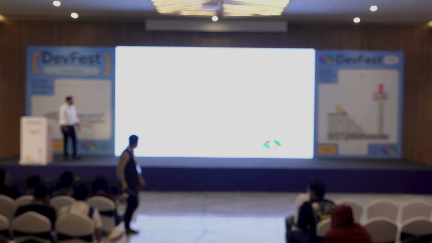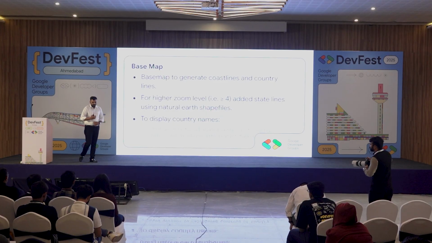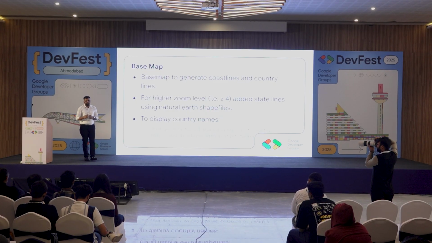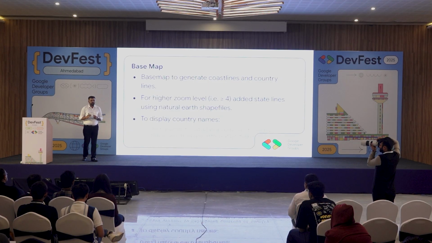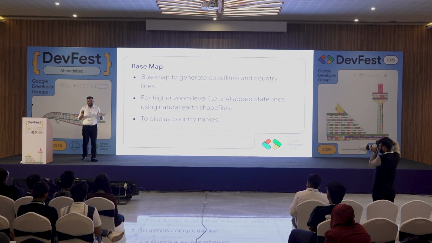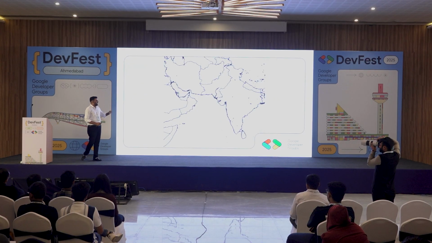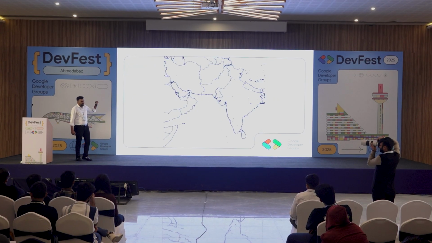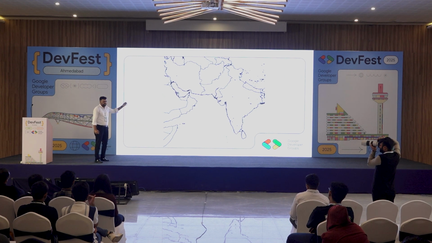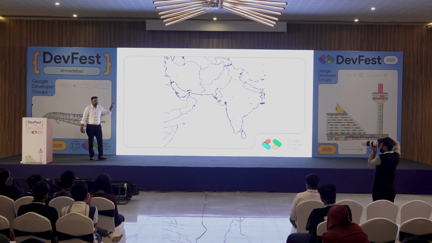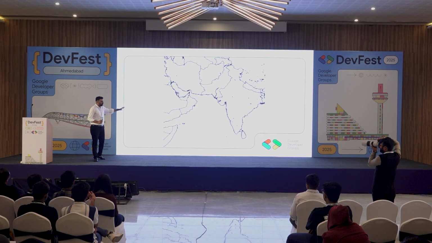So how can we process those images? For creating them, we first need to create a base map, which is a static image that displays the world, something like this. It has boundaries, either coastline boundaries or state boundaries, and it has different details depending on the zoom level.